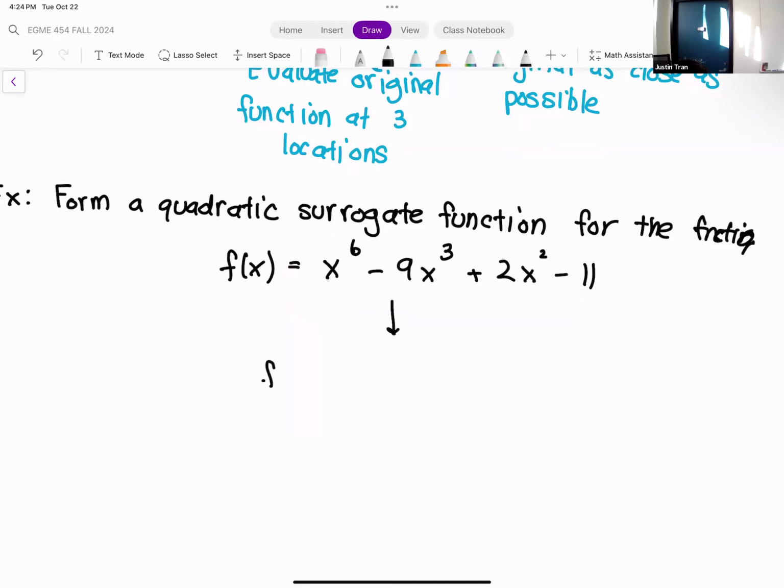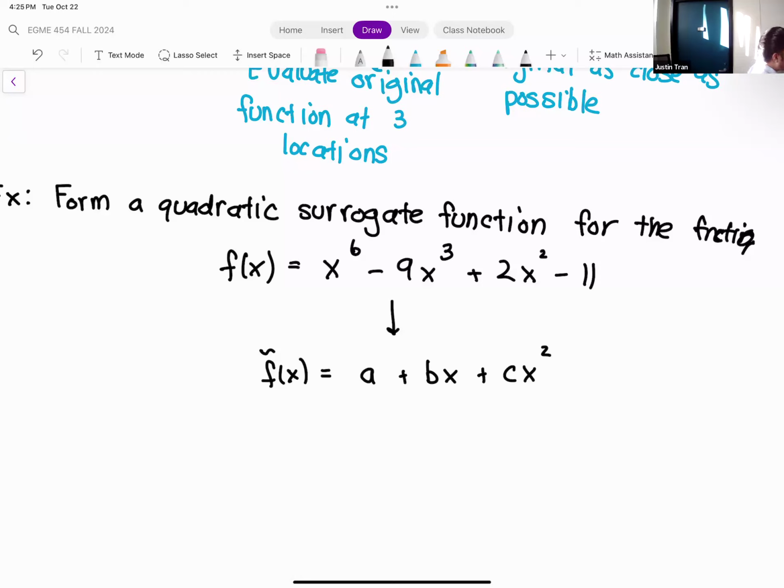And so the surrogate function that we want to form, we'll say it's f tilde of x, is equal to a plus bx plus cx squared. Okay. So we want to choose the best values for a, b, and c so that our surrogate function matches our original function as closely as possible.